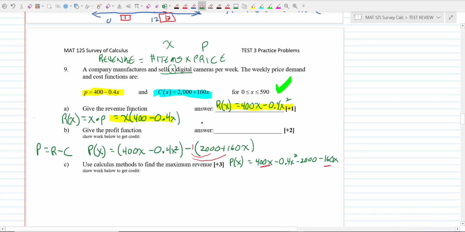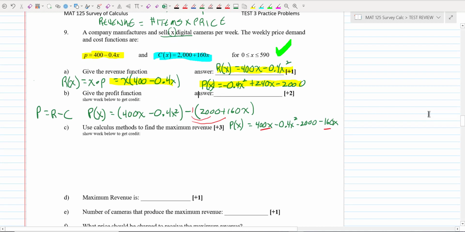Let's write the profit function as capital P of x and put it in descending order: negative 0.4x squared plus 240x minus 2,000. So that'll give the answer to that. All I did was revenue minus cost, collected like terms, and got it.